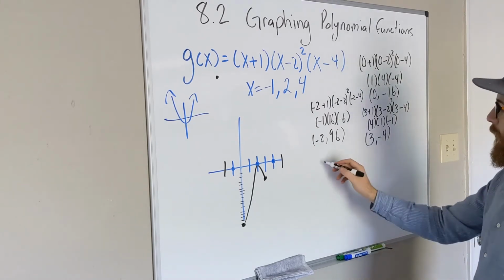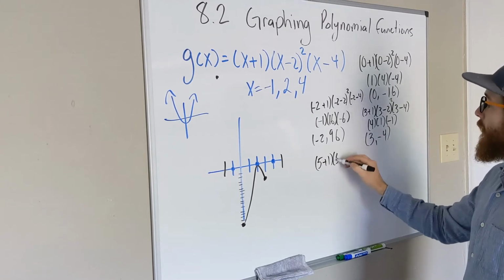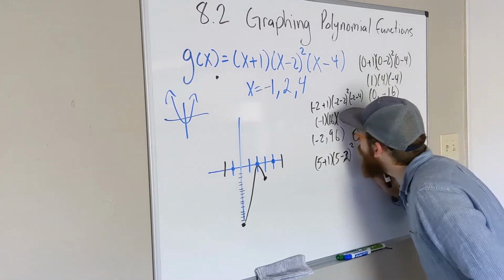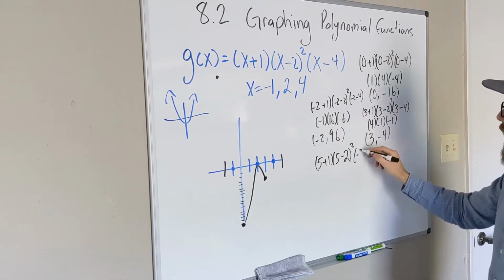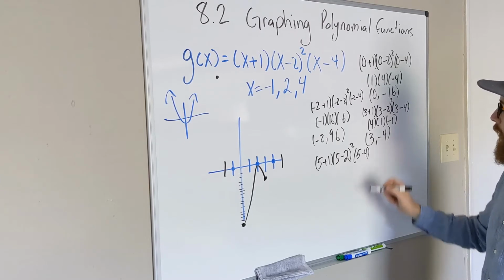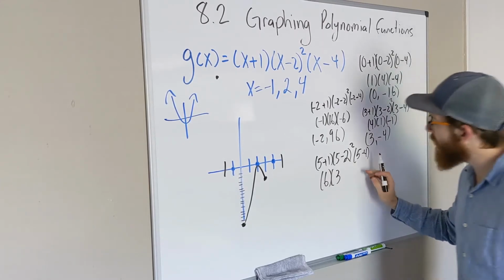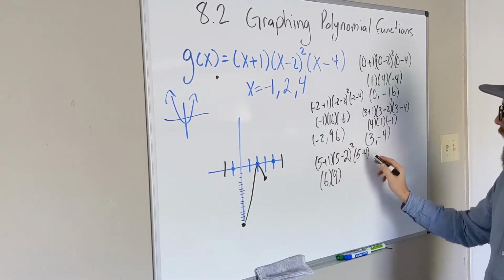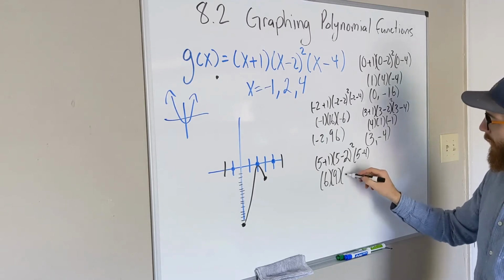We plug 5 in, what do we get? 5 plus 1, 5 minus 2 squared, 5 minus 4. So that's 6. 5 minus 2 is 3, squared is 9. And 5 minus 4 is 1.